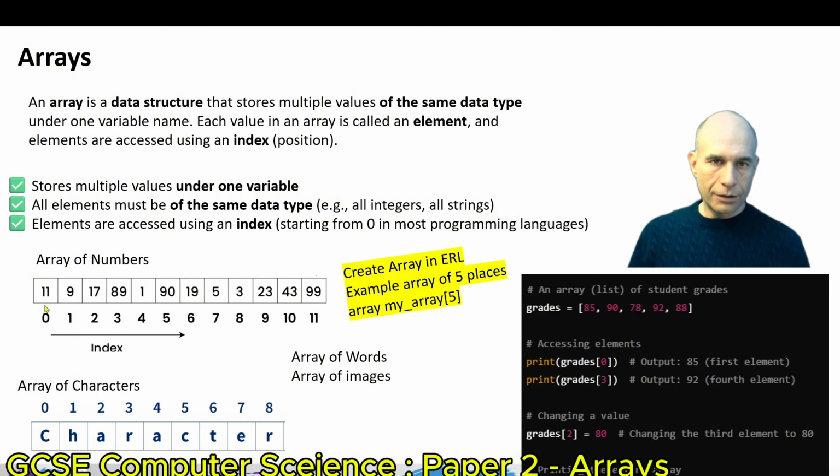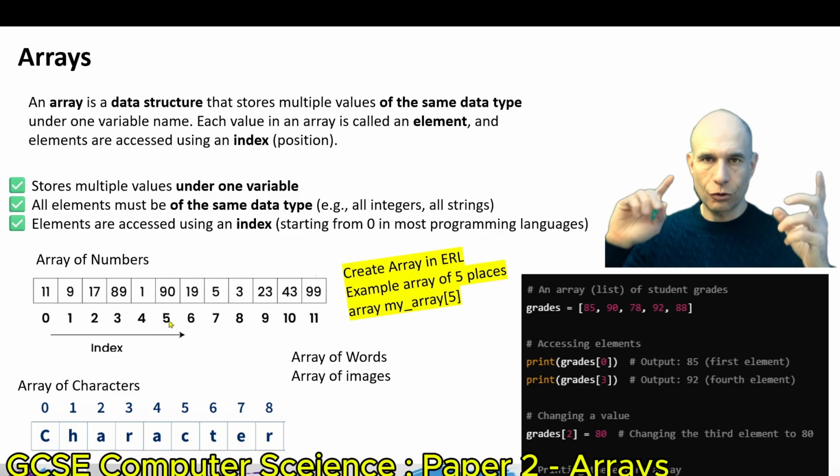So in this one, the position number 0 is holding number 11. The position number 5 is holding 90. The position number 1 is holding 9. The first item of this array is 11, but the index position of the first item is 0.